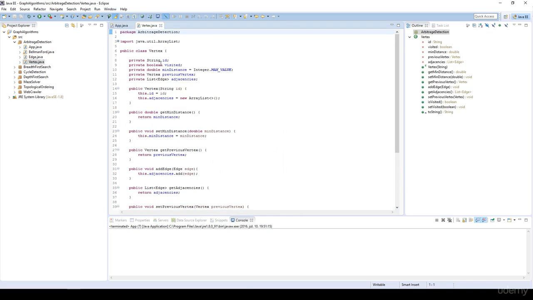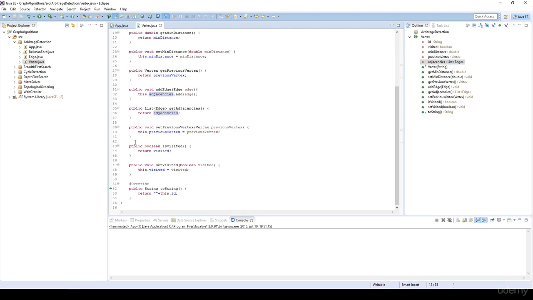So the vertex class is going to be the same. We have the ID, we have the boolean flag whether we have already visited that given vertex or not. We have the min distance, which is initialized as the maximum value, basically infinity. We have a previous vertex to be able to track the predecessor, and we have a list of edges, the adjacencies or the neighbors.